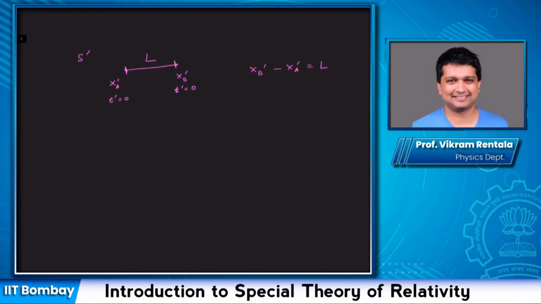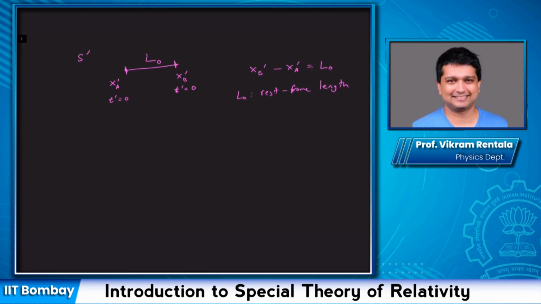The length as seen on the train, let's call this L naught, the rest frame length. This is the length of the rod as measured in the frame in which the rod is at rest. But now we want to know, in the frame S, where this rod appears to be moving to the right on a train, what is the length as measured by observers on the ground?